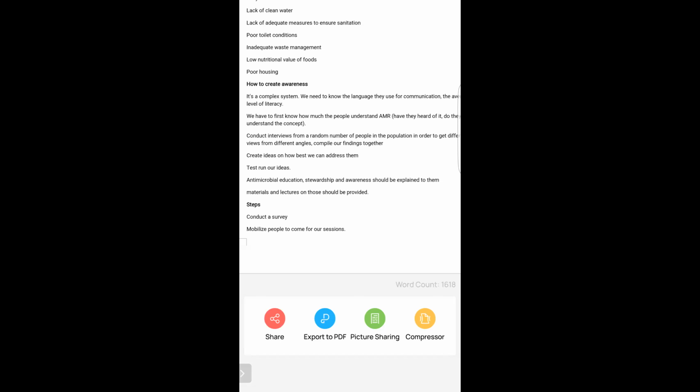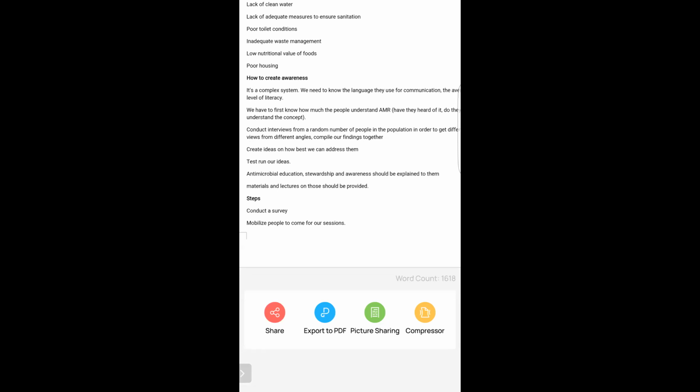Then antimicrobial education, stewardship, and awareness should be explained to the population. Then materials and lectures on those should be provided. So we agreed we would go door to door in creating awareness.